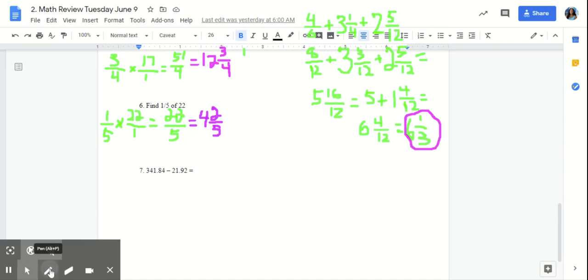Lastly, you're going to subtract decimals. We have 341 and 84 hundredths subtracted by 21 and 92 hundredths.